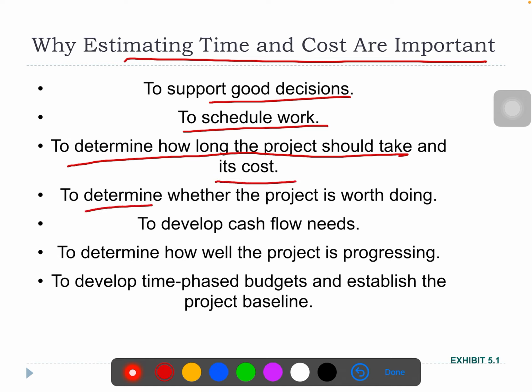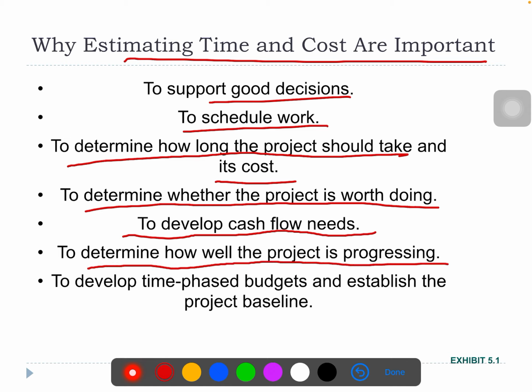It is important to determine whether the project is worth doing, important so that you can develop cash flow needs, and it's important to tell you how well the project is progressing, and develop time-phase budgets and establish the project baseline. So we have learned before in engineering economics about cash flow diagram.